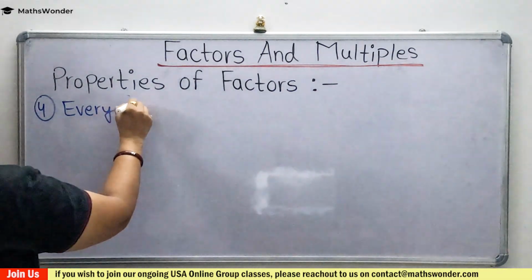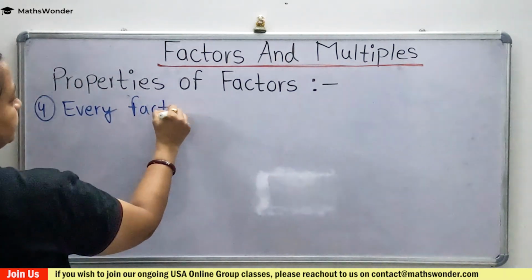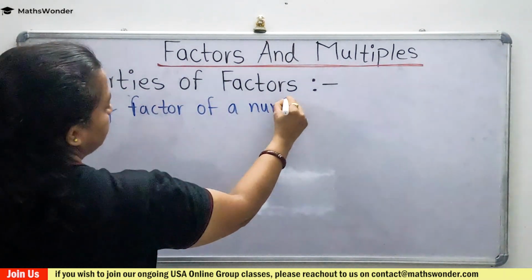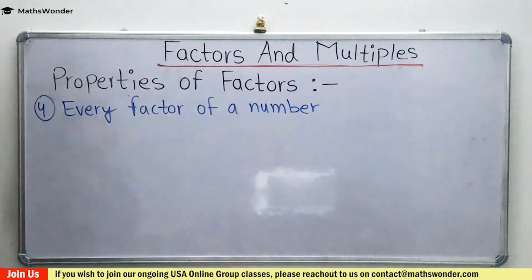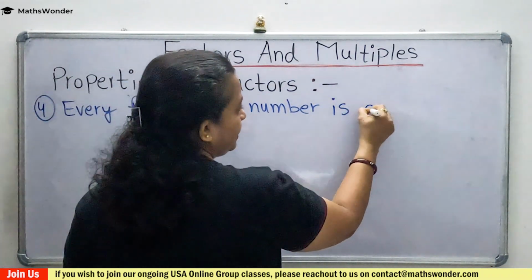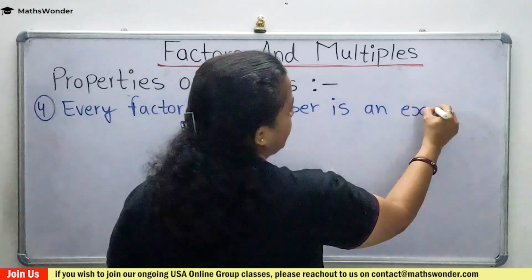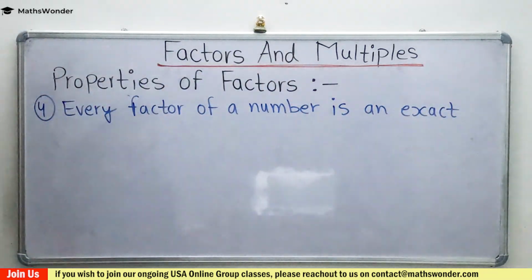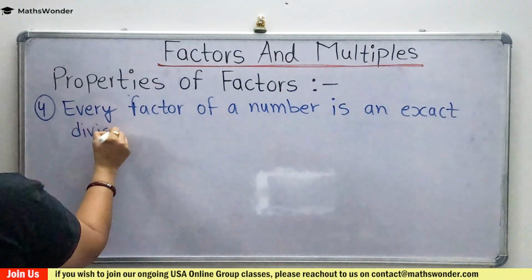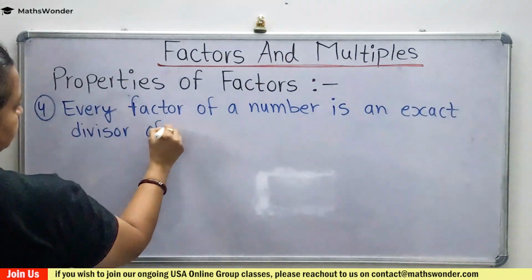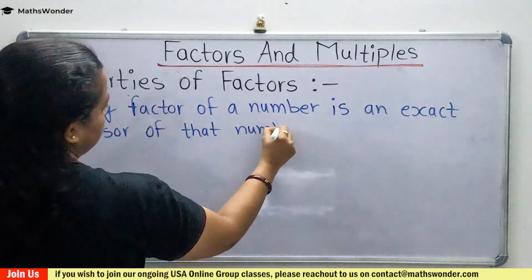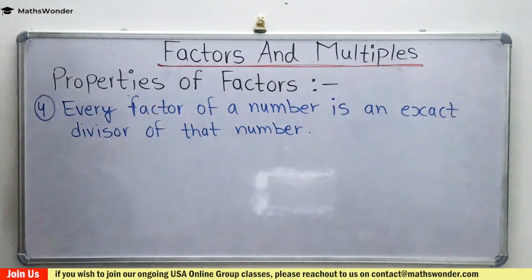Proper. Every factor of a number is an exact divisor of that number. Exact divisor.